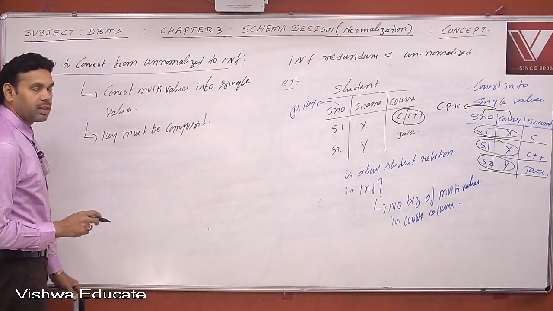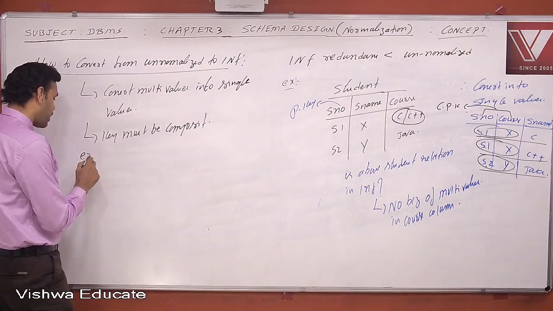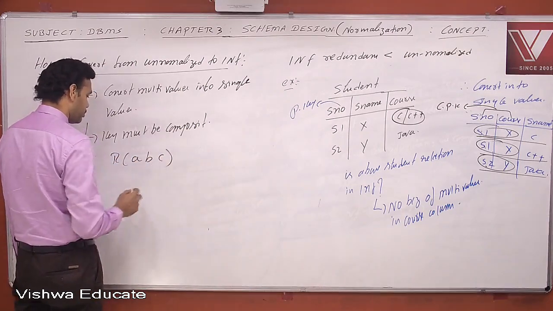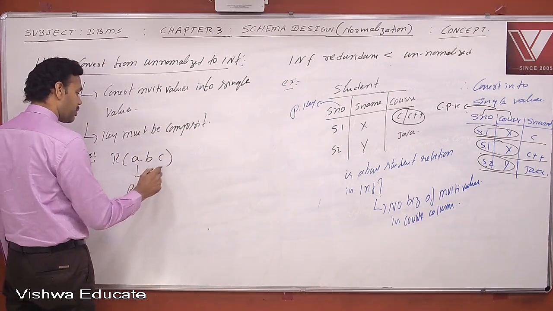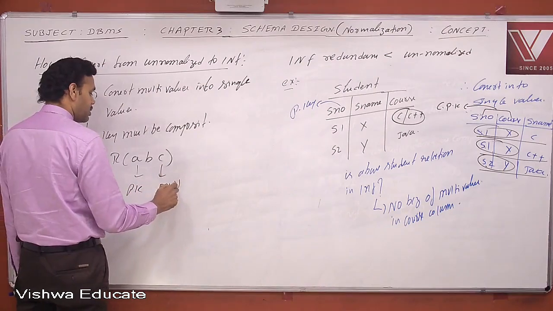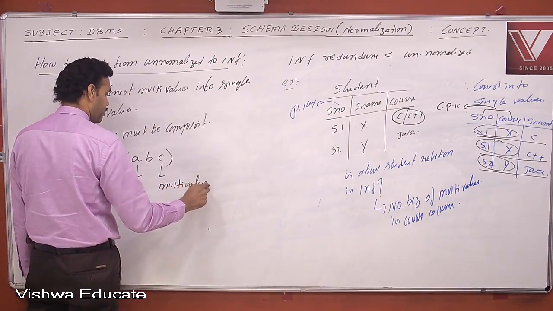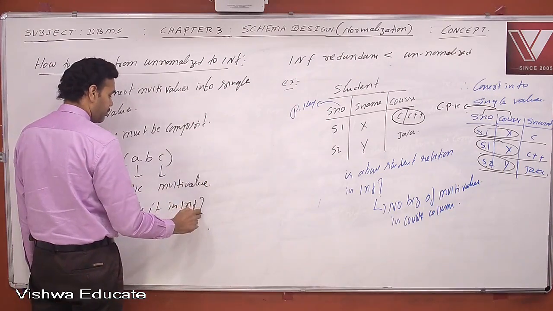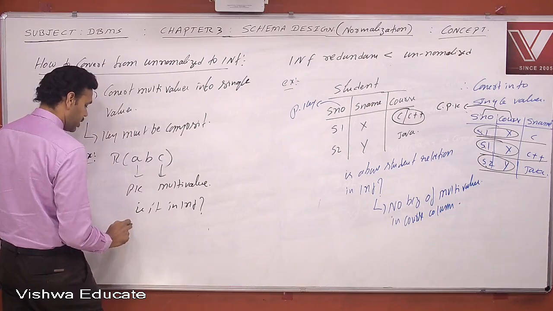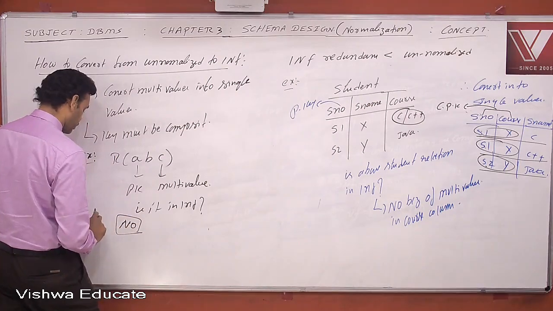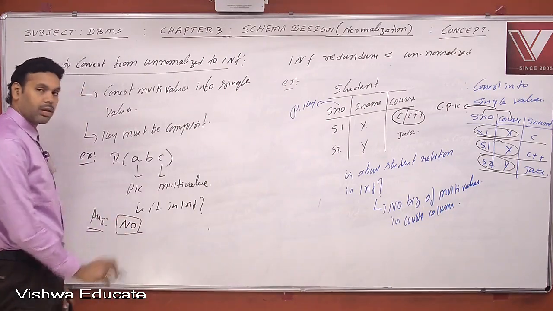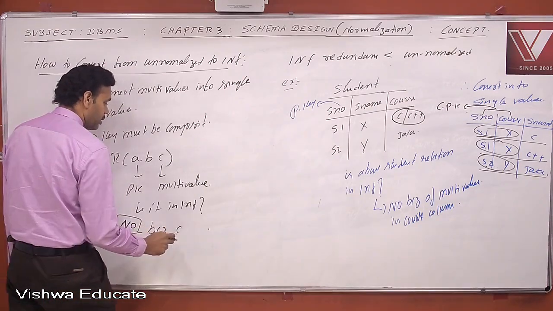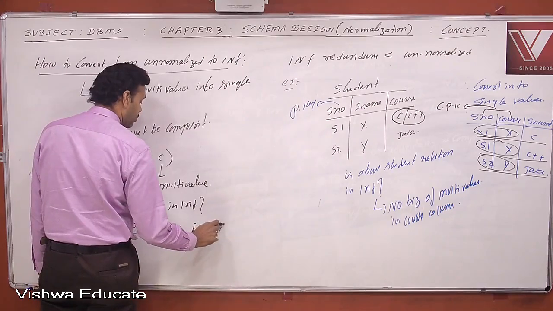Let us generalize this. I say relation R has A, B, C. A is a primary key, C is a multi-value. Is it in 1NF? The answer is no. Why? Because C is multi-value.